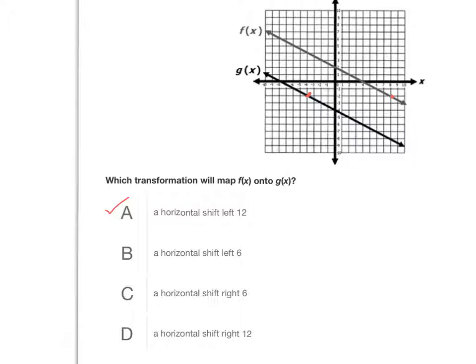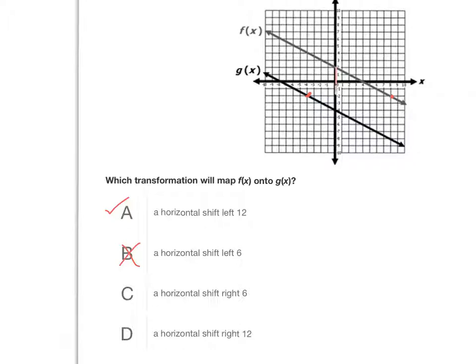Now, horizontal shift left 6. Well, if we had stopped at 6, 1, 2, 3, 4, 5, 6, we would not be touching the G graph. So it could not possibly be B. A horizontal shift right 6. Well, if I shift right 6, let's start maybe here.